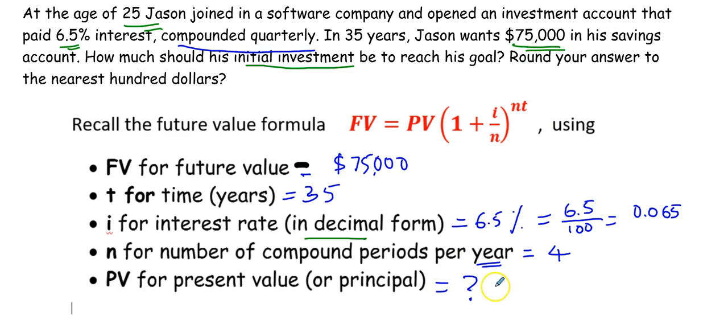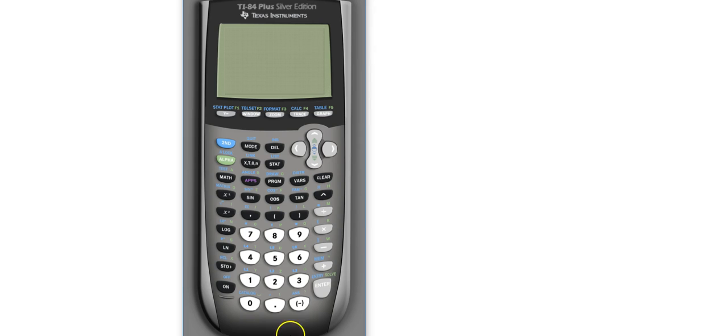So this answer here: $7,900 invested for 35 years at the rate of 6.5% compounded quarterly results in a saving of $75,000. Okay, now this same problem we can also solve by using the calculator's app.